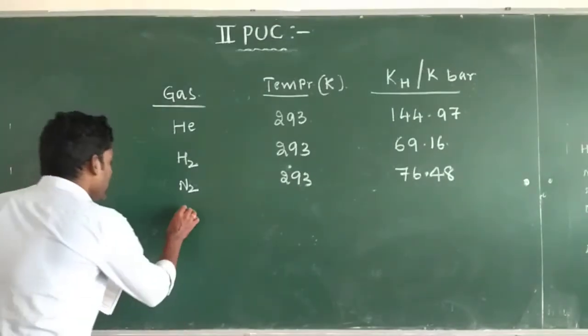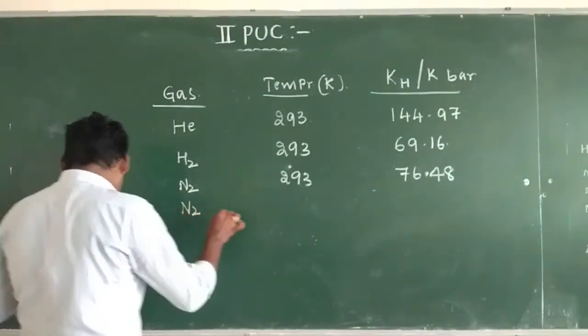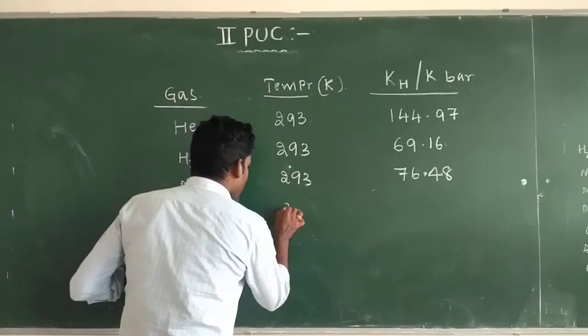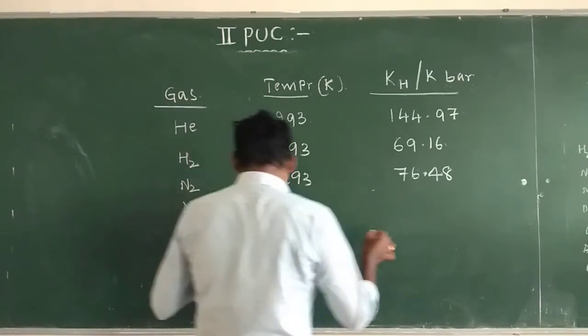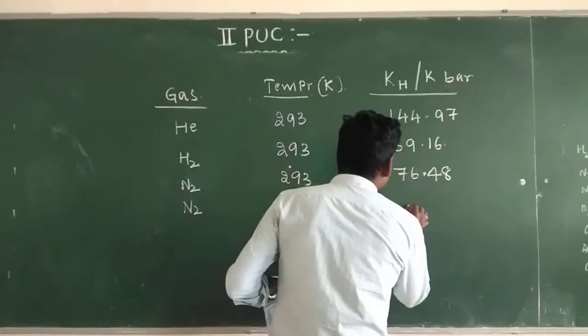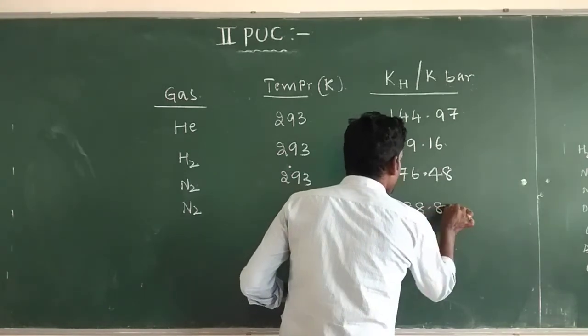And nitrogen gas at 302 Kelvin temperature, 88.84 KH value.